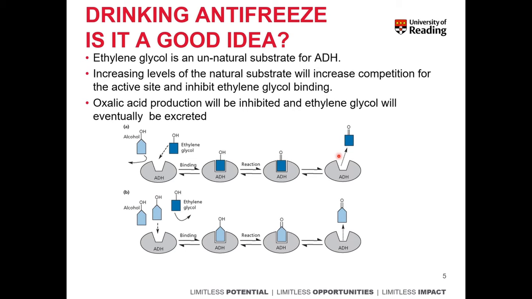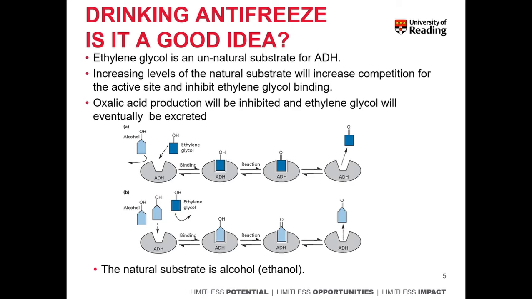However, if we add a large excess of the natural substrate, this will outcompete the ethylene glycol. So if we provide enough of the natural substrate, we can prevent the ethylene glycol from binding, stop the aldehyde from being produced, and ultimately prevent the production of oxalic acid. Now, when the alcohol binds instead, it reacts normally with the alcohol dehydrogenase and then releases a safe product.